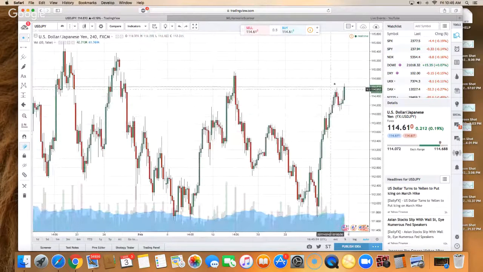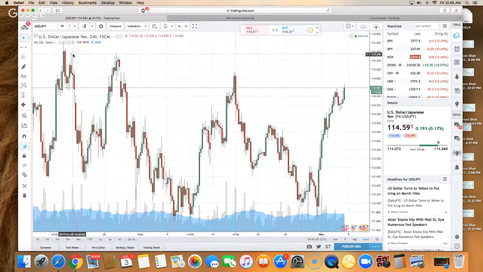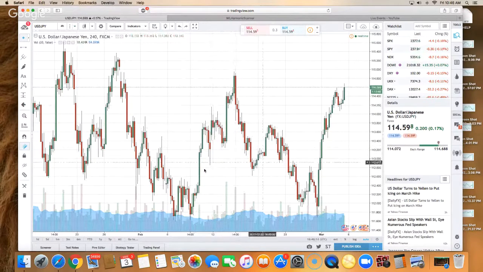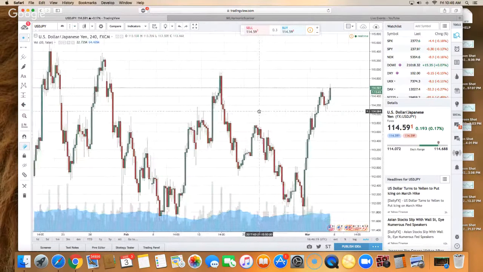All right, so right here you got these points up here as well. Price came up, bounced down, came up, respected that area, bounced down, respected these points. These are creating little swings in the market. This is the language of the market.